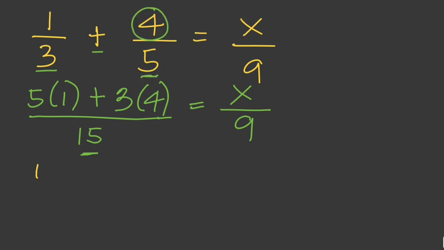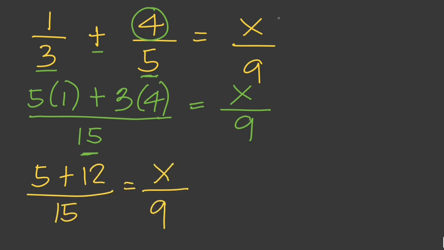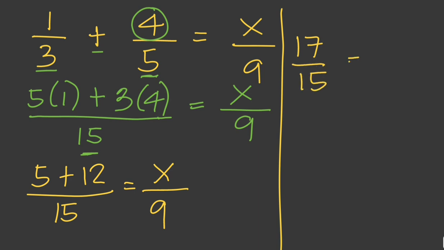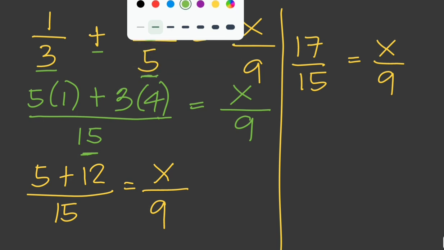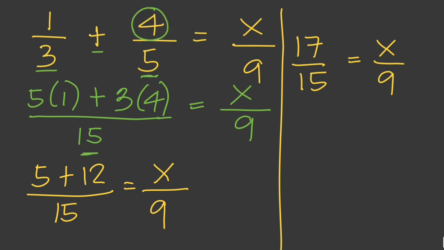Then we simplify this one. So that would be 5 times 1, which is 5, plus 3 times 4 is 12, over 15 equals x over 9. Then we further simplify that. 5 plus 12, that is 17 over 15 equals x over 9. And now we solve for x. So how do we do this? We just cross multiply.